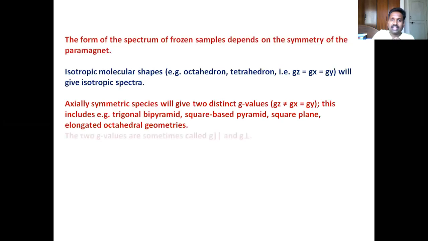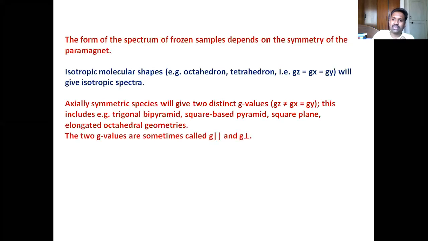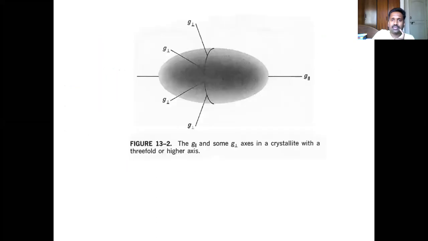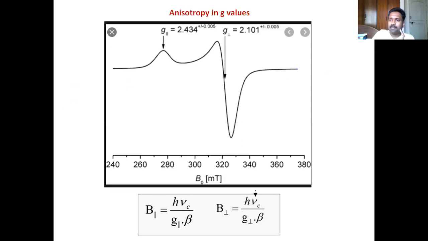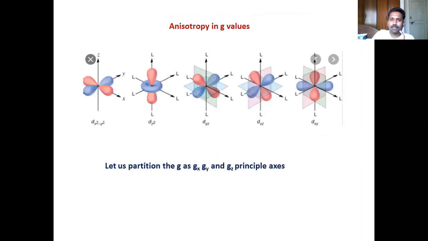Fine. So in that case, your axially symmetric G parallel and G perpendicular are different. See here, G parallel with higher G value, G perpendicular with lower G value.